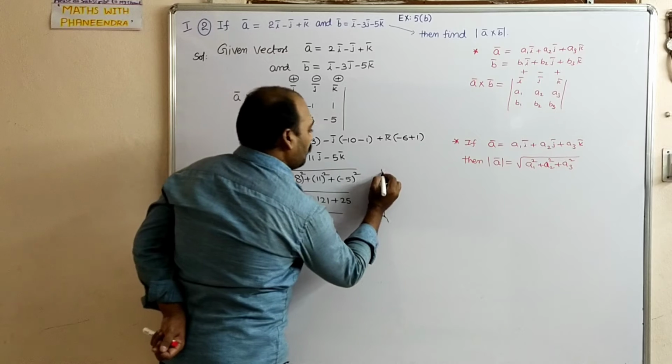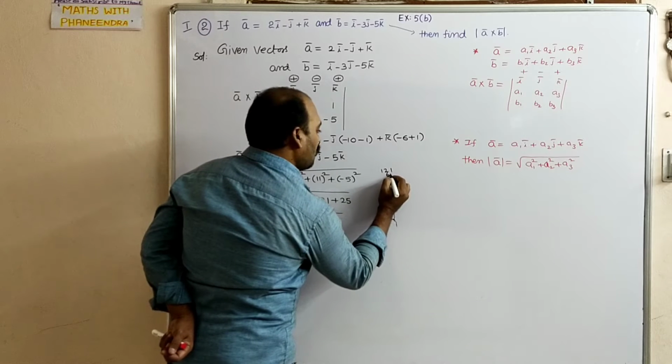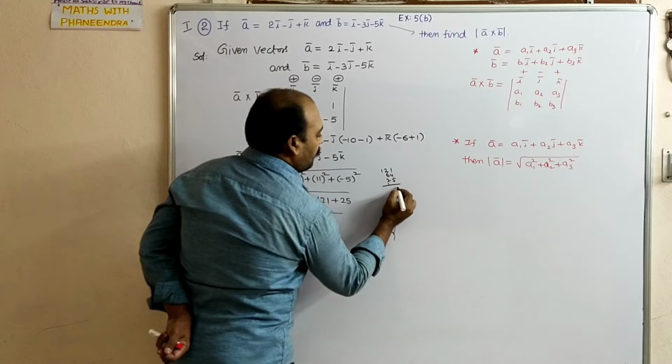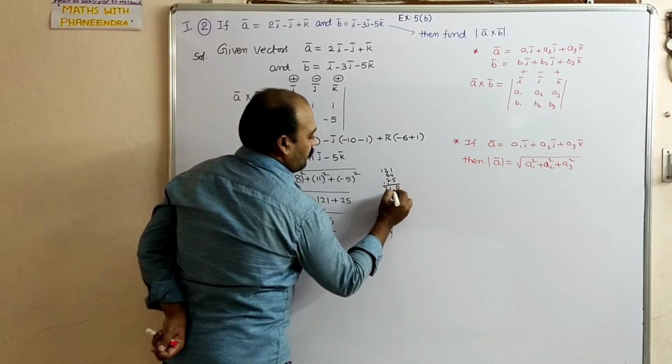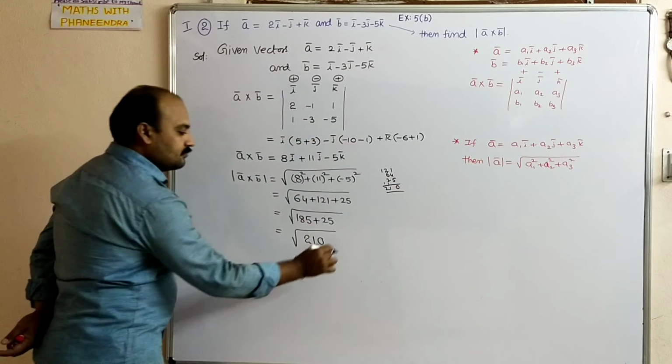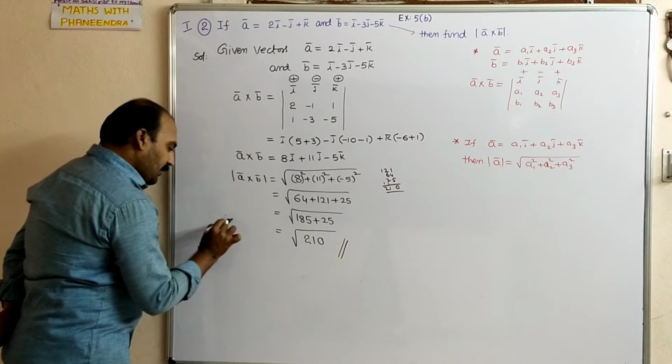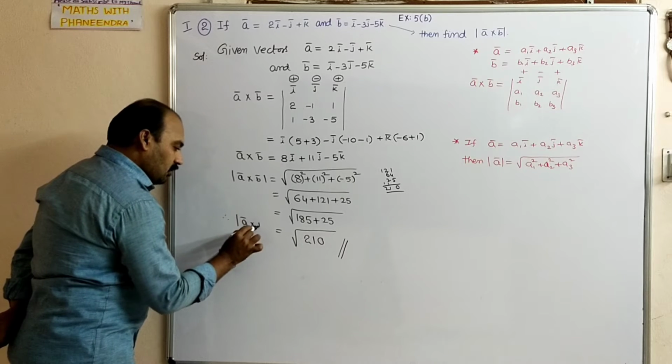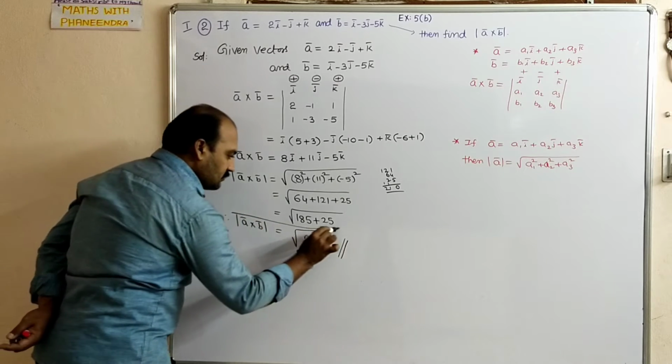So here 121, 64 and 25. Therefore, the magnitude of A bar cross B bar is square root of 210.